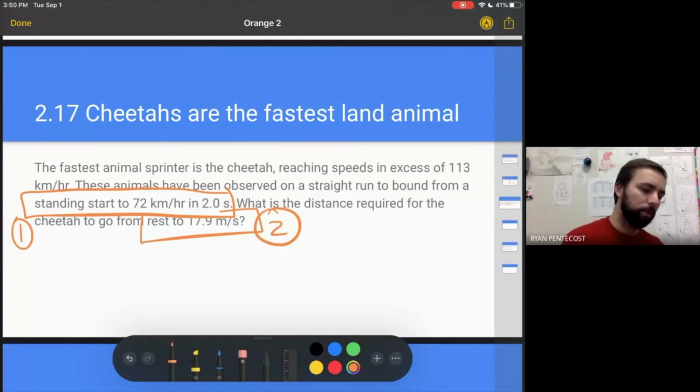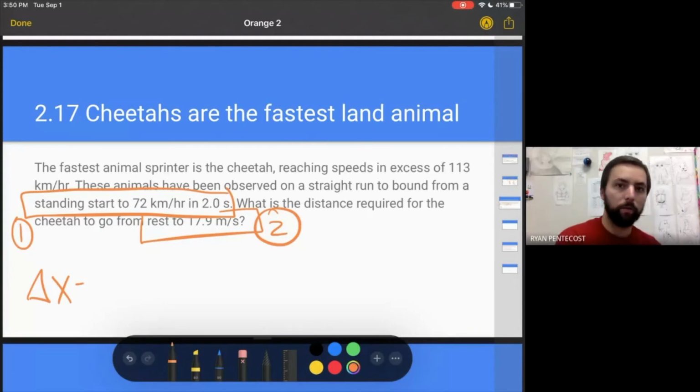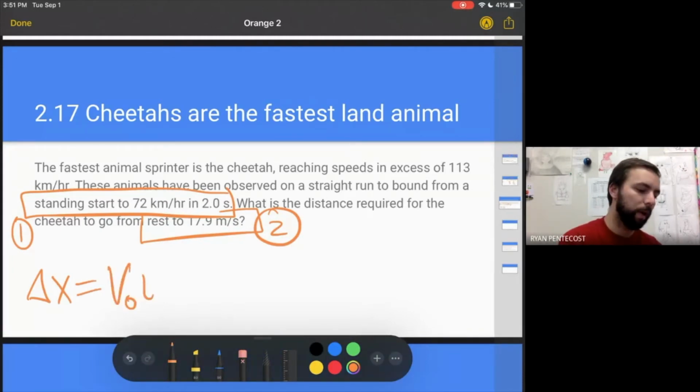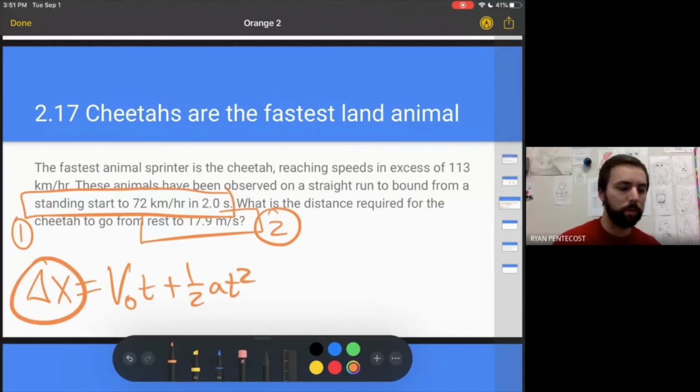Because if we start with part 2, it just wants to know the distance required for the cheetah to go from rest to 17.9 meters per second. Let's look at the orange equations that have distance in there. Okay, the first one: delta x equals v naught t plus 1/2 a t squared. Now already solved for distance, really easy. We have a v naught, right? It starts from rest.